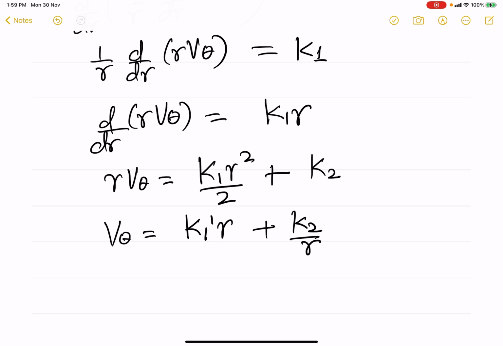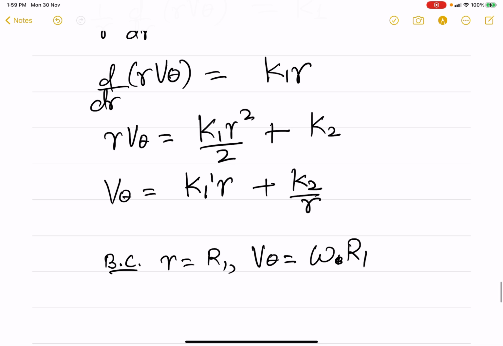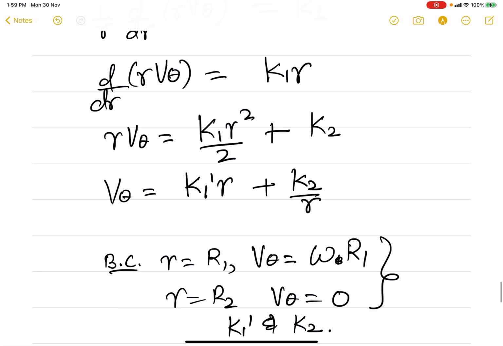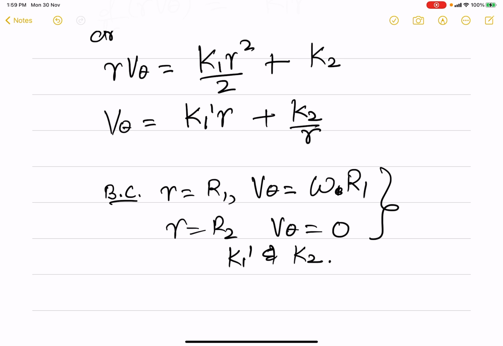Now we can use the boundary conditions. At r is equal to r1, v theta is equal to omega 1 r1 or omega r1, and at r is equal to r2, v theta is equal to 0. From here we can get the values of k1 and k2.